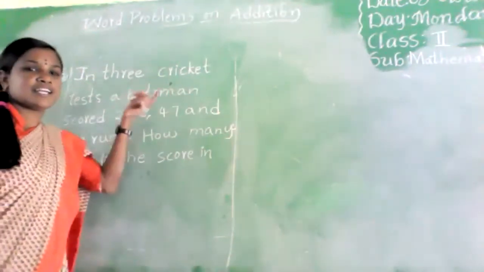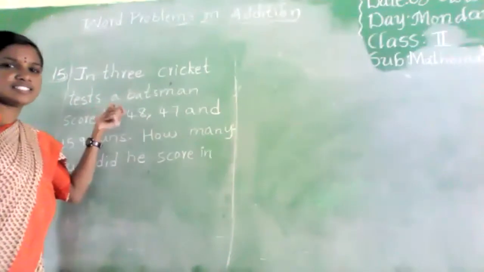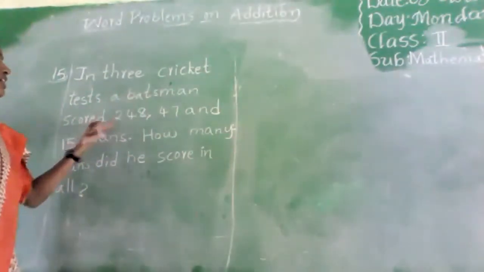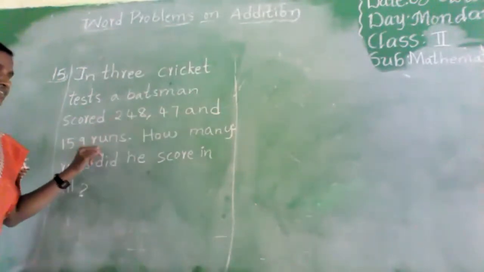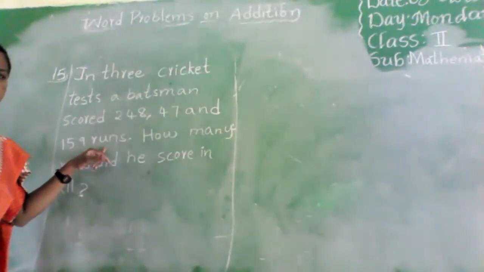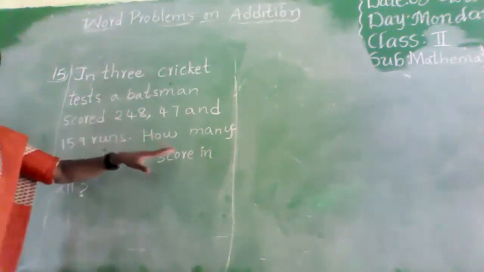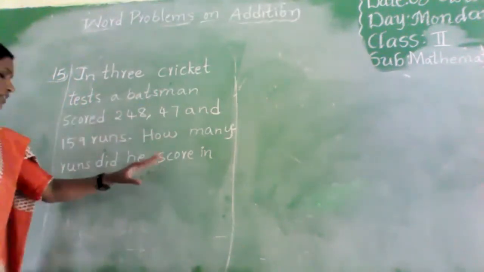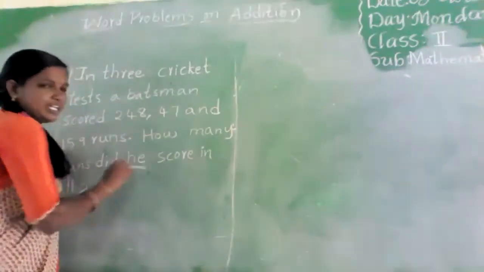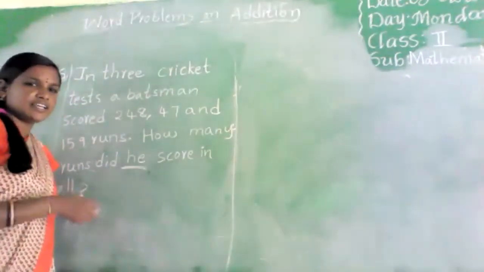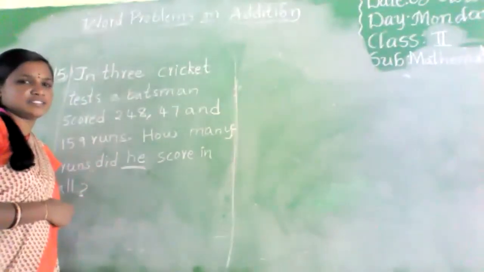In 3 cricket tests, a batsman scored 248, 47 and 159 runs. How many runs did he score in all? Here we have only one man, so he played 3 cricket tests.